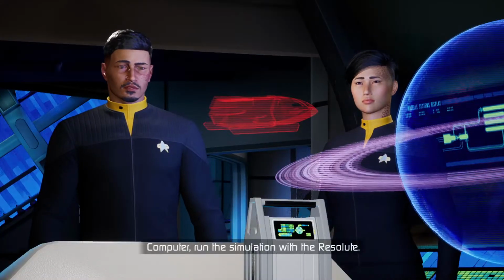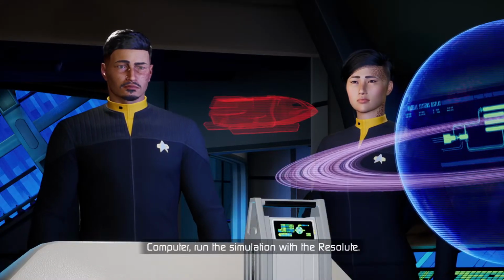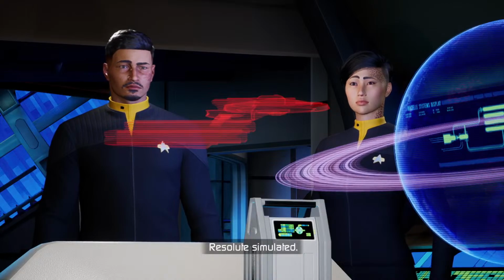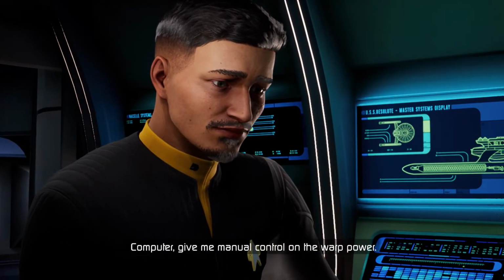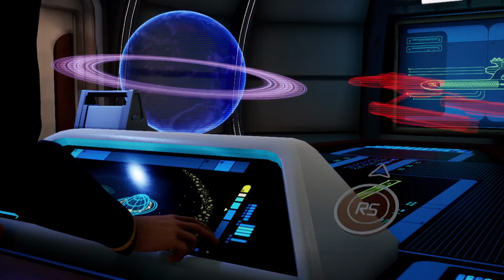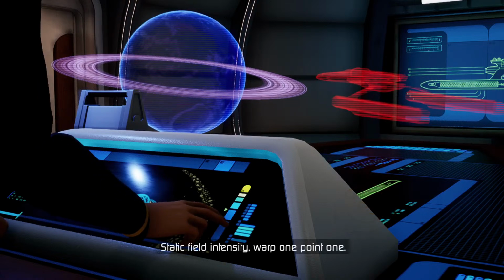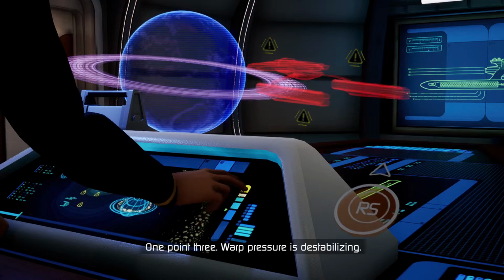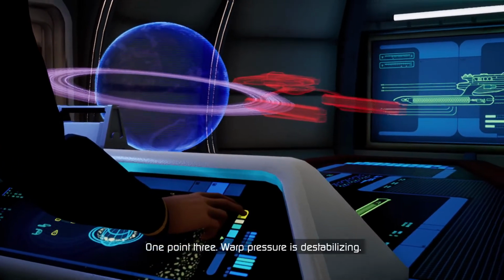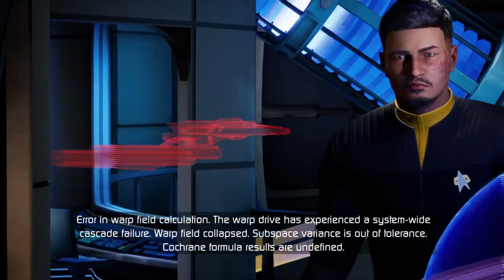Computer, run the simulation with the Resolute. Resolute simulated. Computer, give me manual control on the warp power. Static field intensity, warp 1.1, 1.2, 1.3. Warp pressure is destabilizing. Error in warp field calculation.